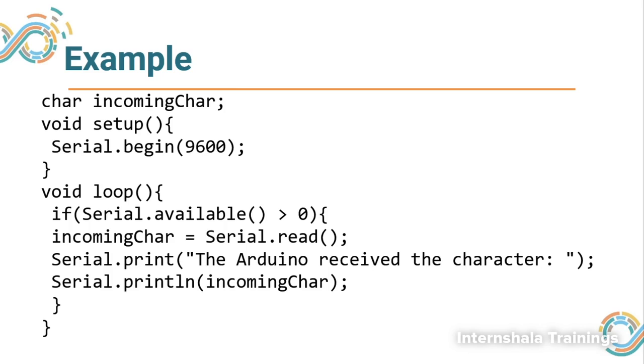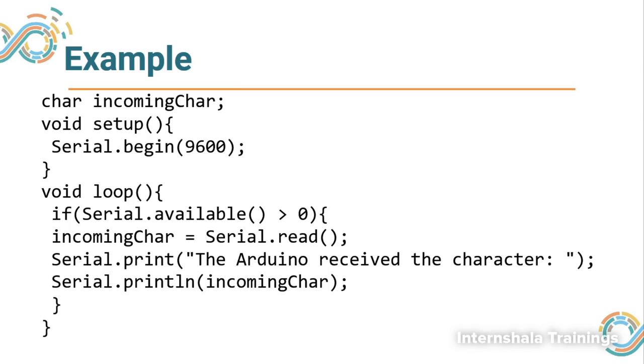So read that value and give it to the variable called incoming character. Then we are going to print with Serial.print "Arduino received the character", which is a fixed string, and the value of the character. So what are we going to do in this program? We will keep on waiting. If you are typing anything on the keyboard, the same character will be printed on our serial monitor.